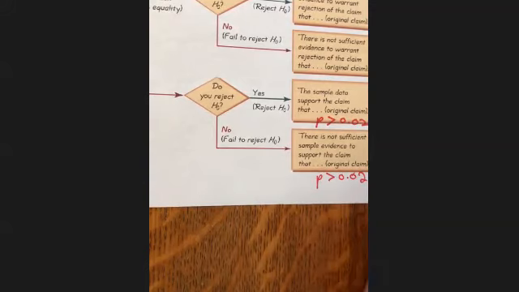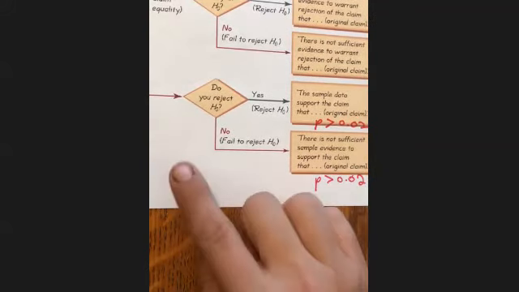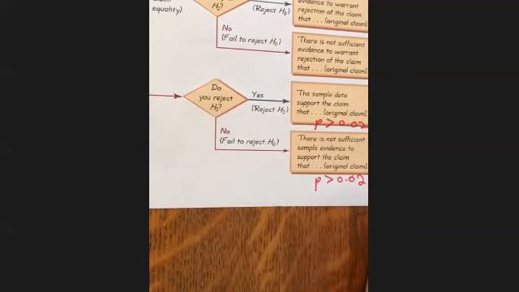And the same is true here. We're not saying that the claim is wrong. We're just saying that there's enough probability that the null hypothesis isn't wrong, so we can't actually reach a conclusion. Notice there's no actual conclusion being reached here. We're just saying there's not sufficient evidence to make a claim. We're not saying the other claim is true. We're just saying we can't say this one is true.